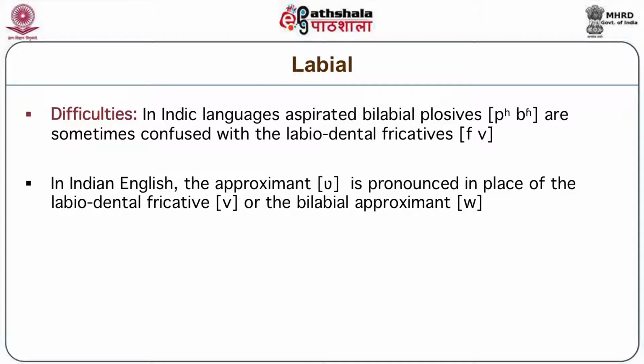In the speech of many Indian speakers, the fricative v is often pronounced as an approximant v, or a bilabial v. So very is pronounced as very or very, and this causes a certain problem in understanding this speech, especially of English.